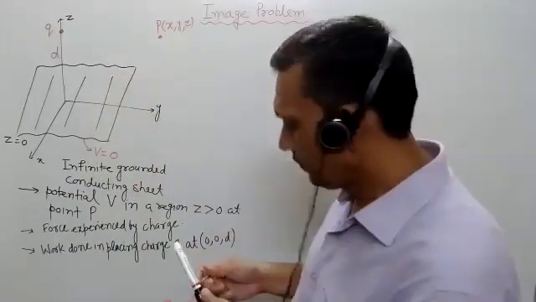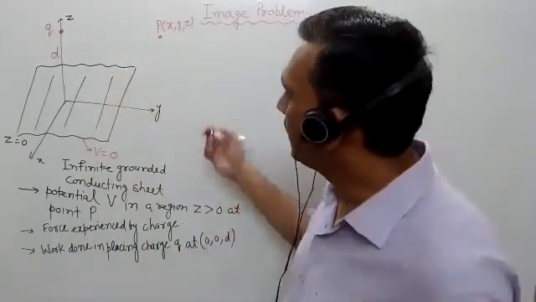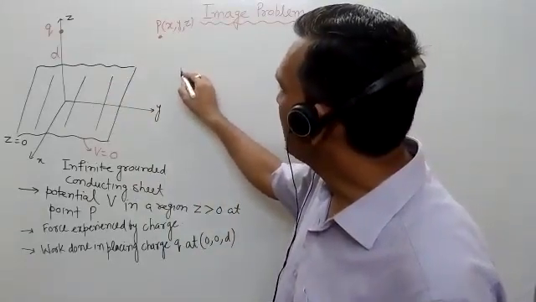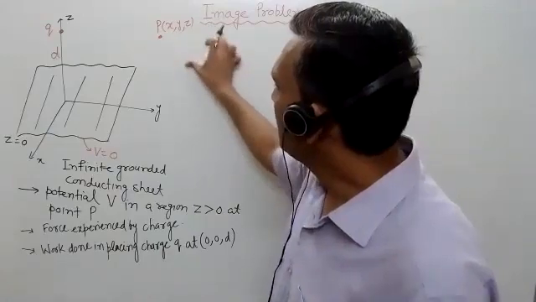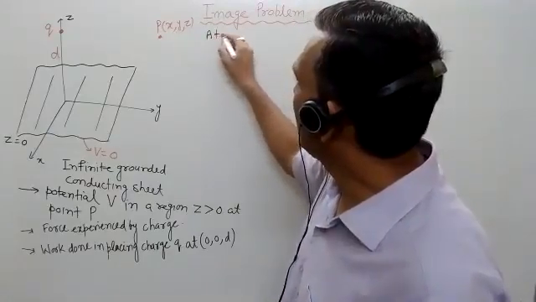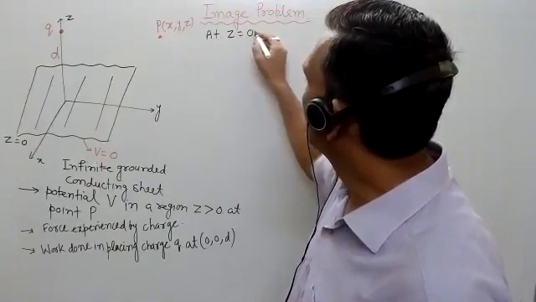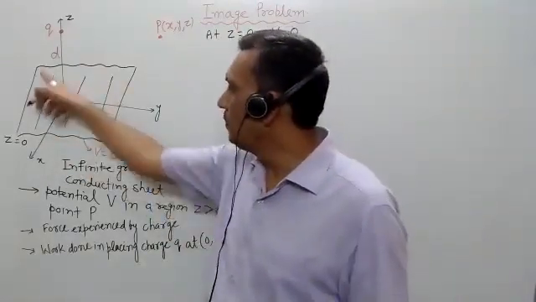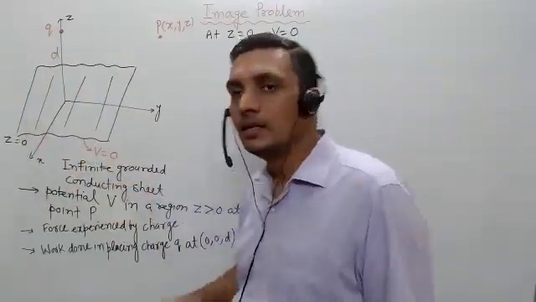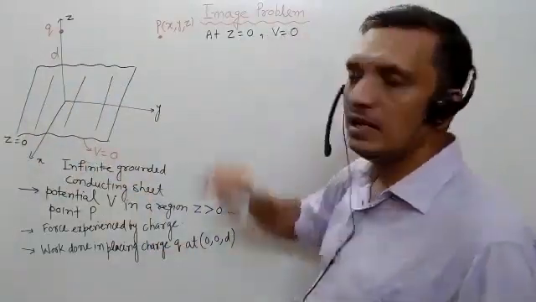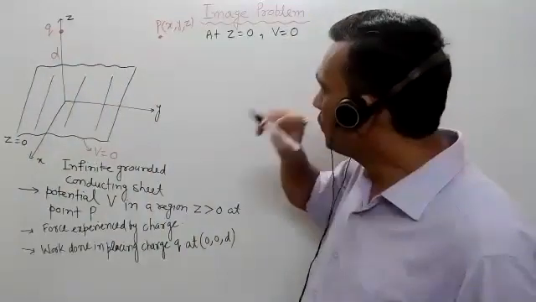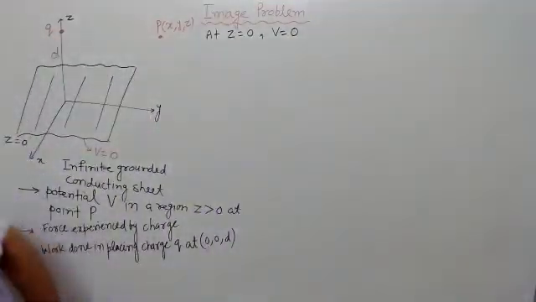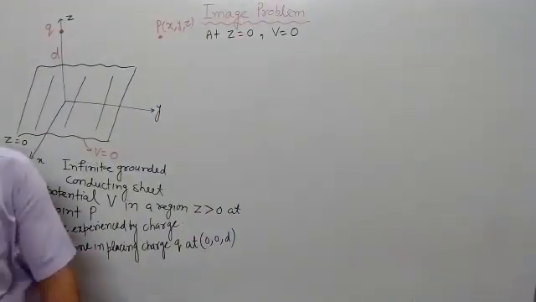In this problem, we can define the boundary conditions. It is given that at z is equal to 0, potential is 0. You can see in the xy plane, it's a grounded conducting sheet. And also far away from the charge distribution, potential tends to 0.